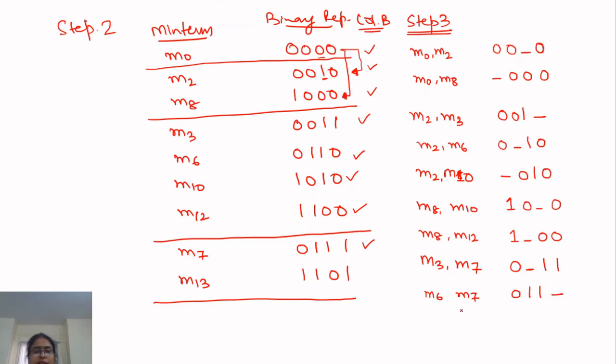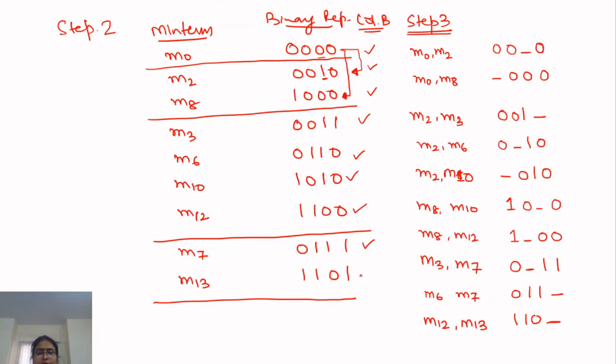Then m6 and m13, 1 1 0 1, no. Then m10, 1 0 1 0 and 1 0 1 1, no, 10 is not comparable to anyone, right? 12, 1 1 0 0, is not comparable with 7, 12 is comparable with 13, m12 and m13, it is 1 1 0 dash, right?